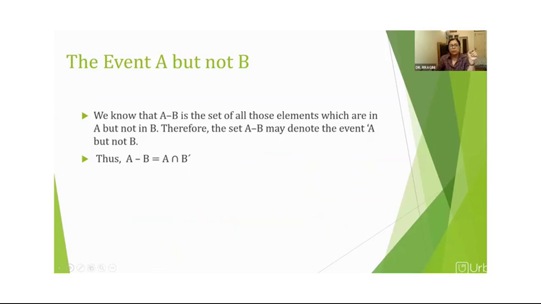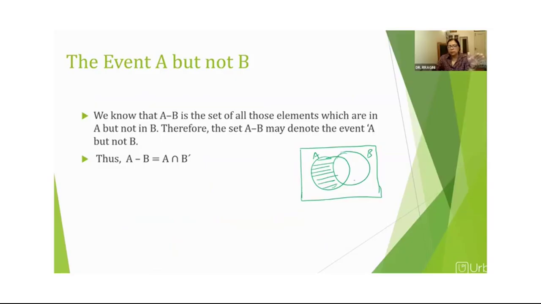Next is the event A but not B. Event A but not B. So let us recall the set again. This is A and this is B. A but not B means you have to take events which are in the portion which is only A. That means if something is common between A and B, you have to leave that part.